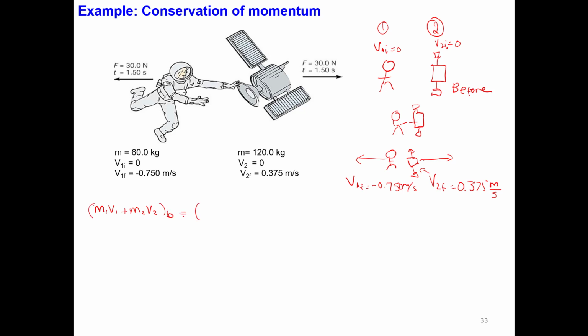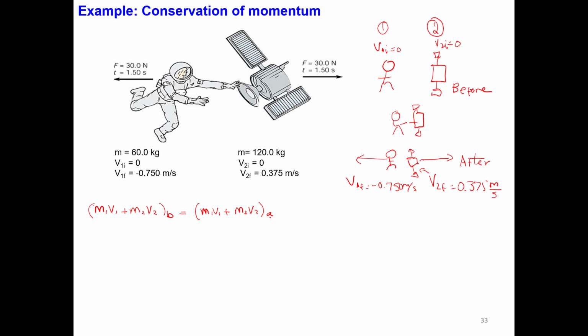And then according to the conservation of momentum, this must be equal to the sum of the momentums after the collision, so after the interaction. These two must be equal.